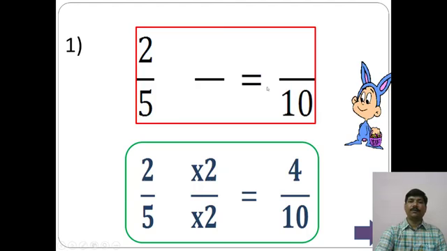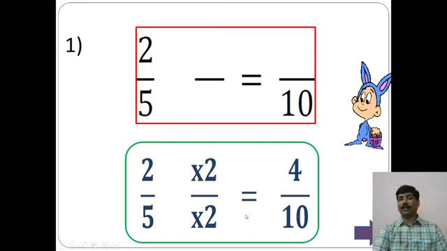This will be equal to blank upon 10. What will the numerator be here? What will you do here? How can the denominator become 10? It means this fraction will be equal to the fraction in which the denominator becomes 10. How do we get 10 from 5? By multiplying. So 5 multiplied by 2, you will get 10.